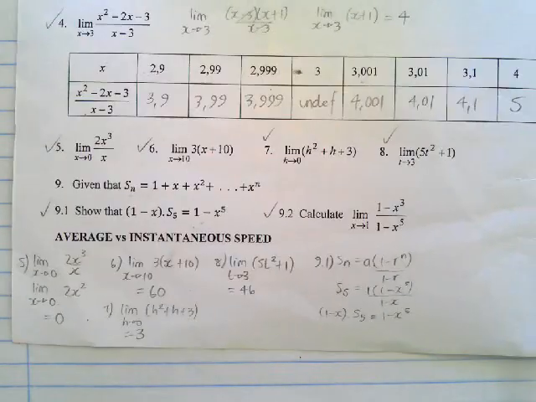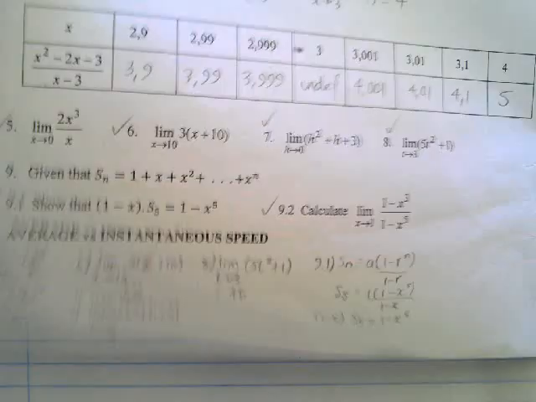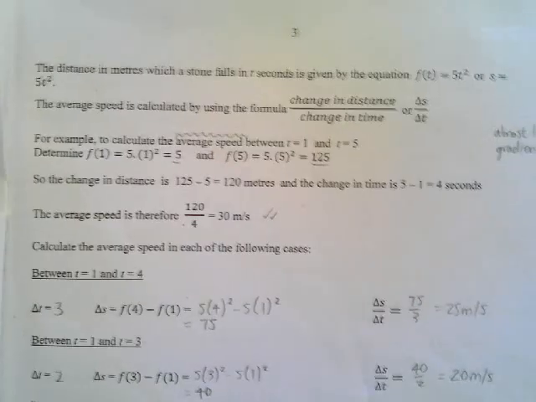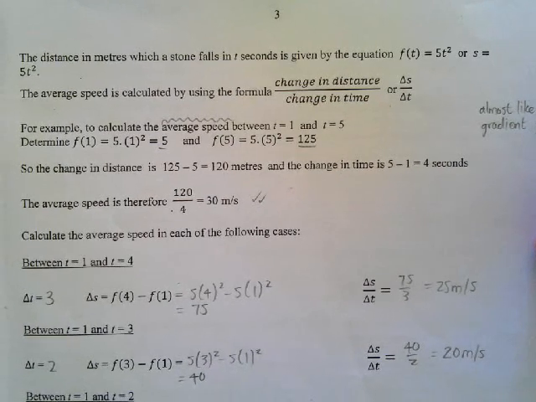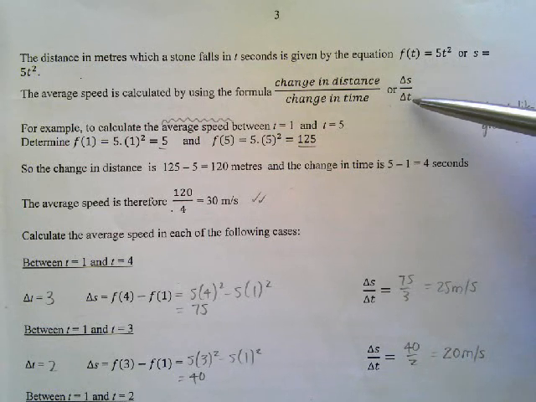Carrying on here, it spoke about average versus instantaneous speed, which for those of you doing science may have heard of this before. And it spoke about the distance in meters. It gave a little story here. Remember, this here is pretty much the gradient formula, change in s over change in t.